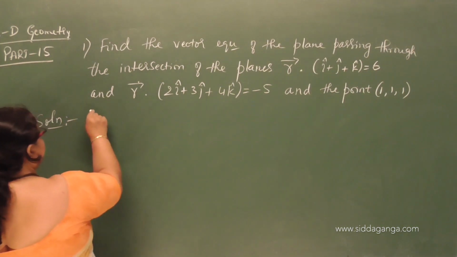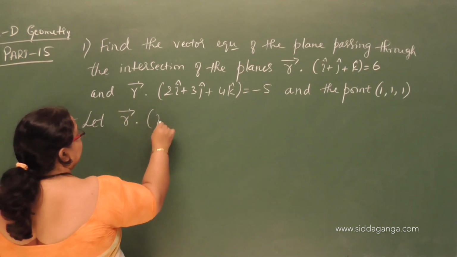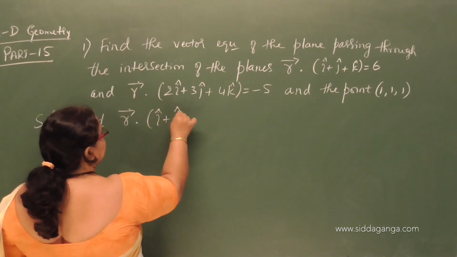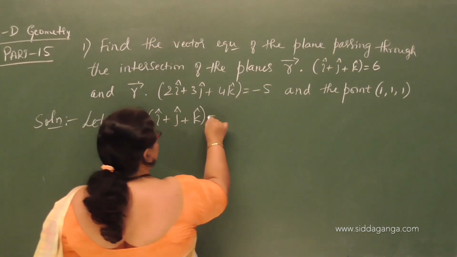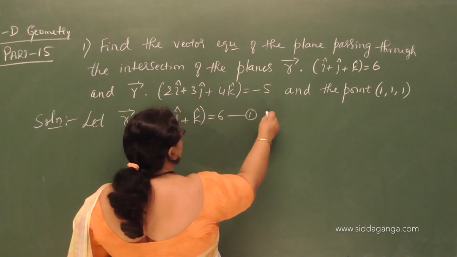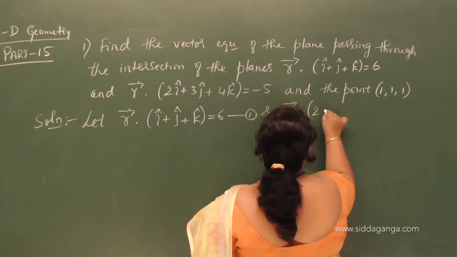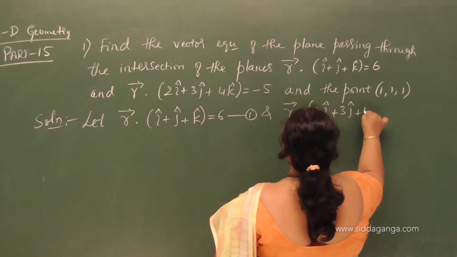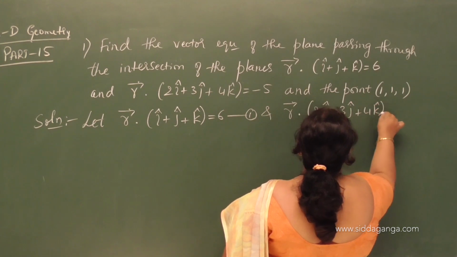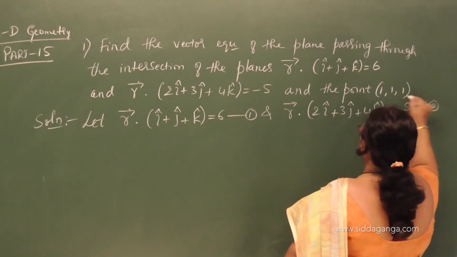Here let vector r dot (i cap plus j cap plus k cap) equal to 6 be equation 1, and vector r dot (2 into i cap plus 3 into j cap plus 4 into k cap) equal to minus 5 be equation 2.